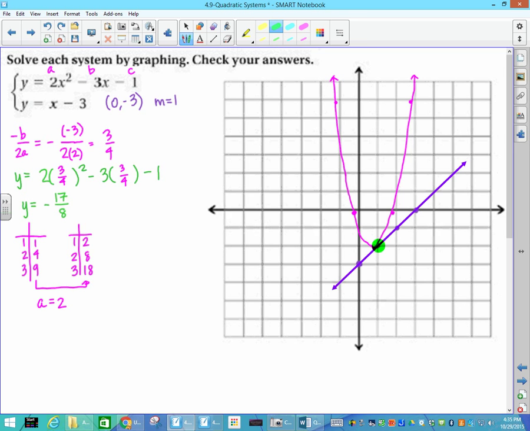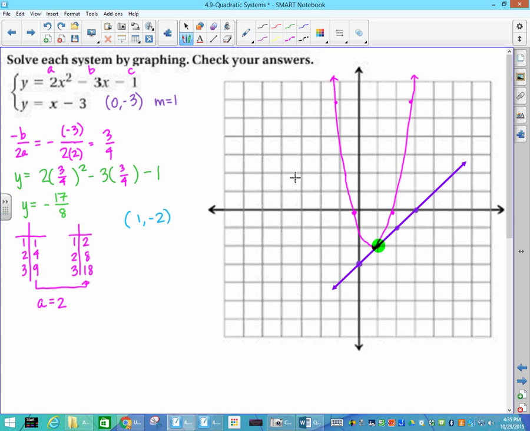As I said, when we graph that, it really looks like the point is right here, and that point looks like it's 1, negative 2. Again, we're graphing by hand. I wanted to show you what to do when a was not equal to 1. I know it's on my line, y'all, because I started here and I went up.